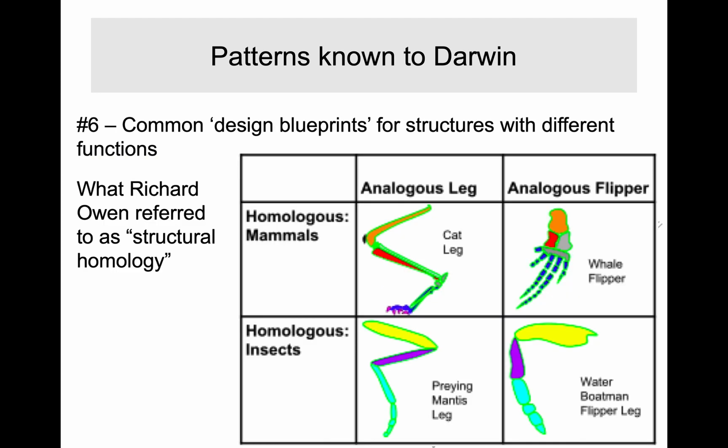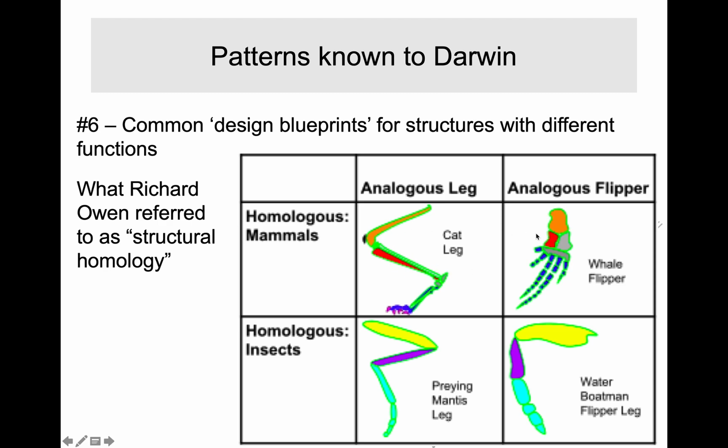There's also this idea of these common blueprints in the structures that we have. Richard Owen referred to this as structural homology, and you may have talked about homology in some of your classes to this point, but here's an opportunity to look at it. So we have homologous structures. The flipper of a whale and the leg of a cat are homologous.